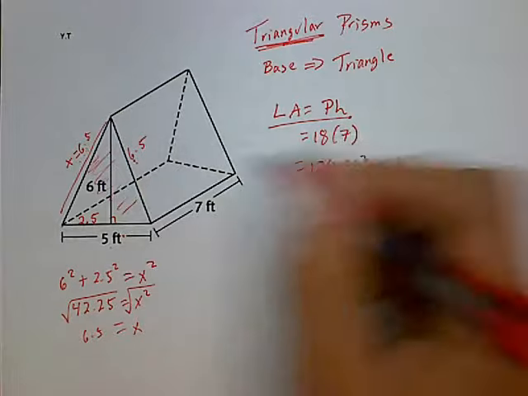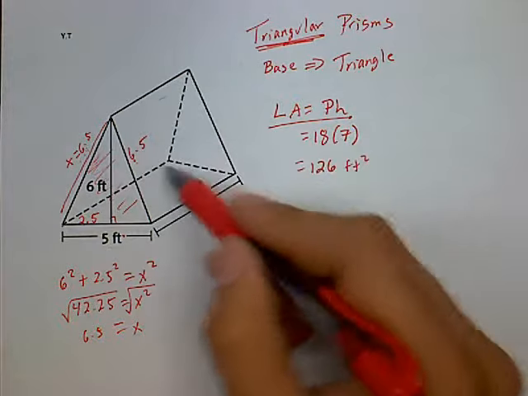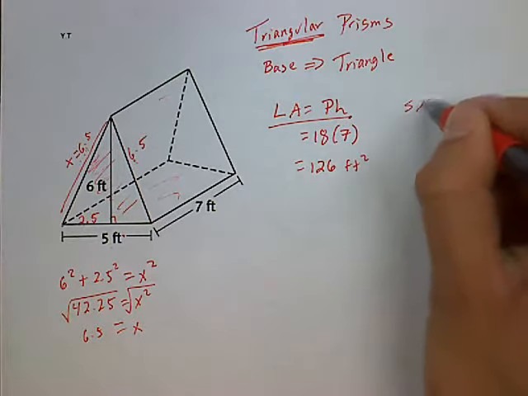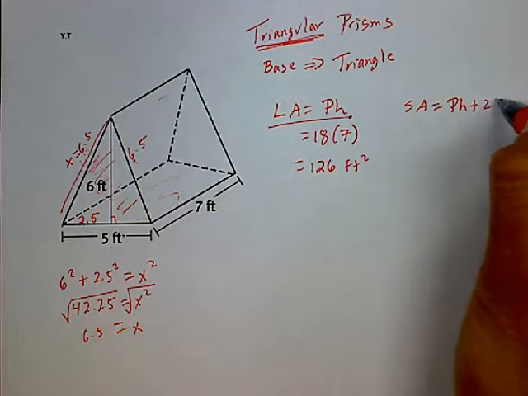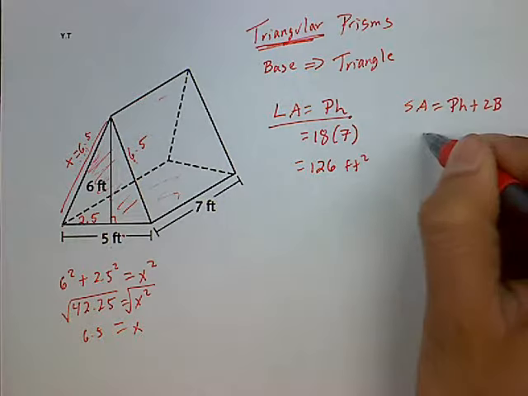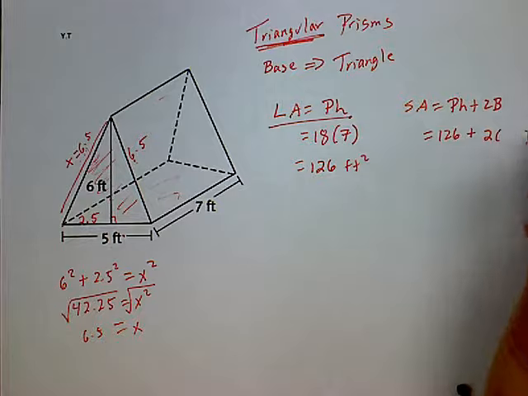So that's lateral area. That's the area of all these rectangles, if you want to think about them. Now surface area, we have to do the lateral area plus 2 times the area of the base. We know the lateral area is 126 plus 2 times the area of the base.